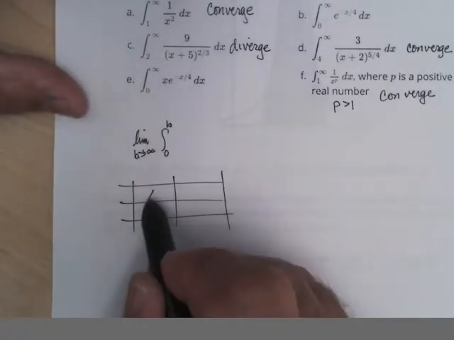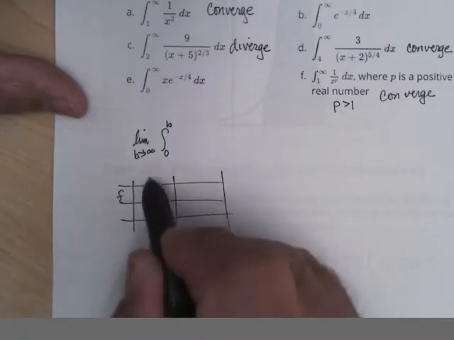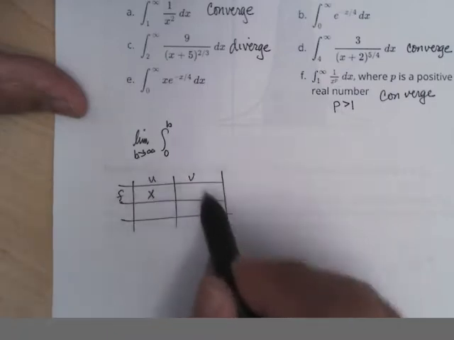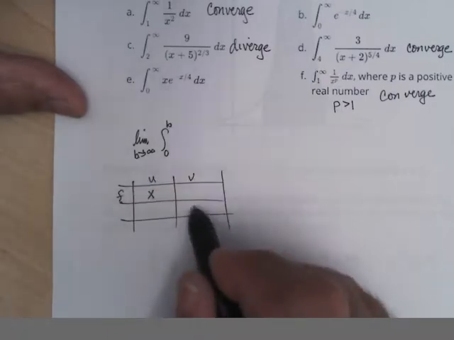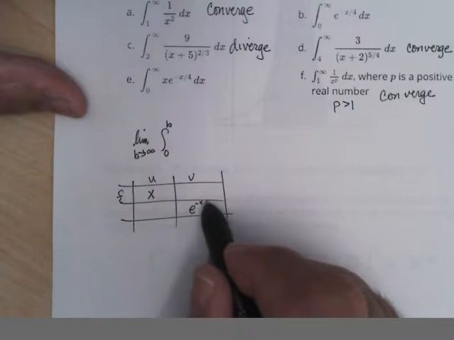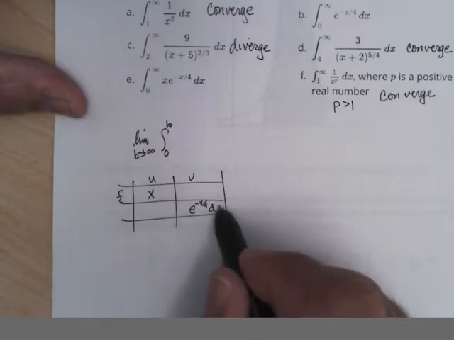So this is going to be x for u, and for v, we're going to put the e to the negative x over 4 dx.